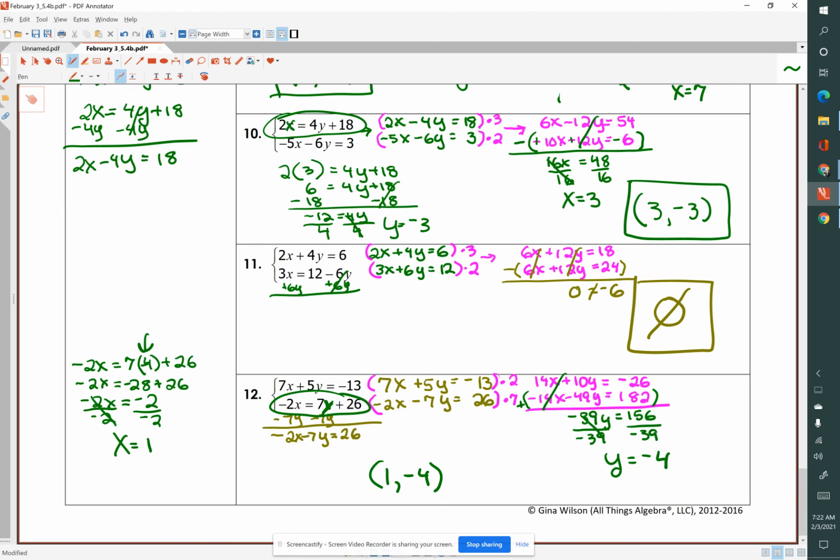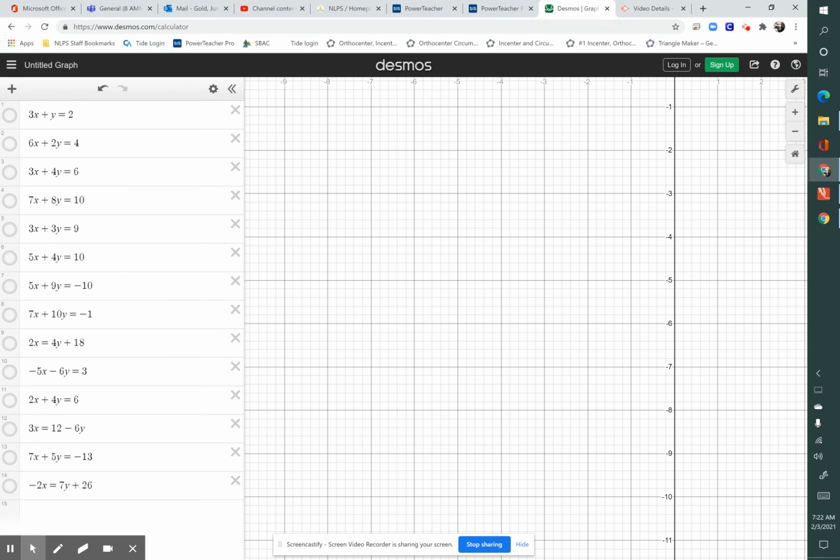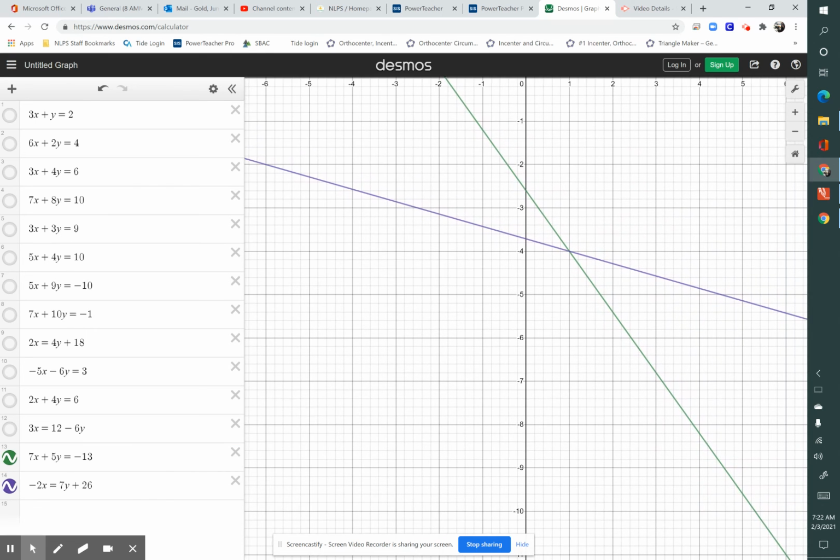And if I had not caught that mistake now, I would have caught that mistake when I go to check my work by graphing it on Desmos. So 7x plus 5y equals negative 13 is our green line. Negative 2x equals 7y plus 26 is our purple line. And the solution to that equation is 1, negative 4.